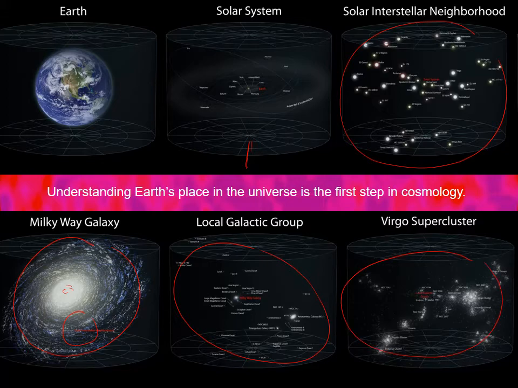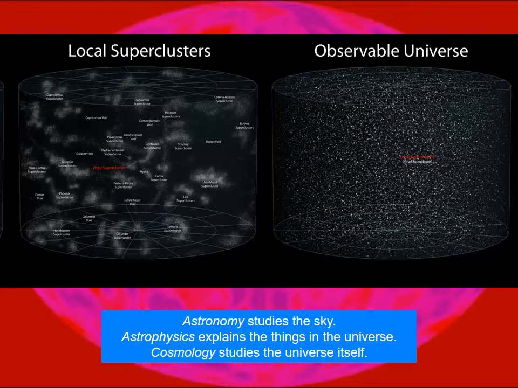The Virgo supercluster is the local supercluster. Eventually they realized there are multiple superclusters, and they tended to form walls around voids. That gives us the universe as we see it.